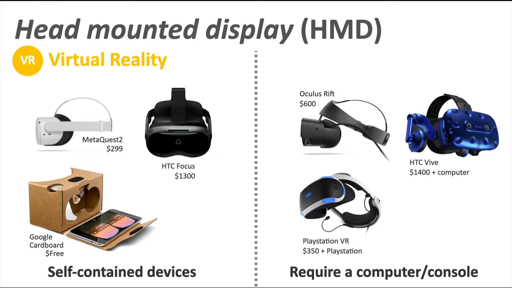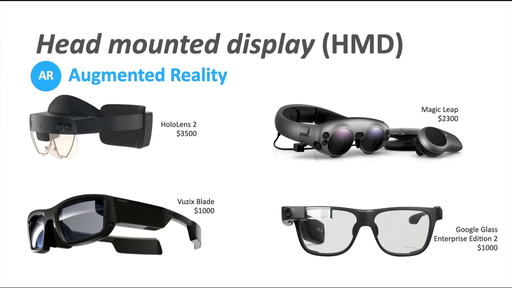Those can range anywhere from $350, like the PlayStation VR, up to $1,400. The key with each one of these, though, remember, is that you're going to need a computer or console to run it, so the cost is actually increased by the cost of that hardware. And pretty significant hardware is needed to make sure that you run these programs with pretty good speed and quality.